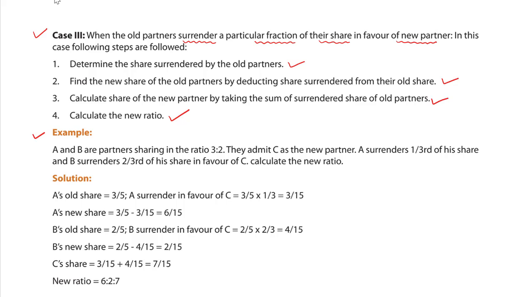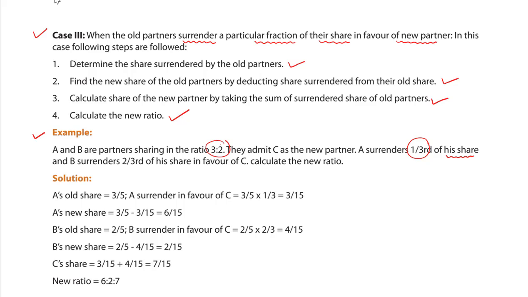Example, A and B are partners sharing profits and losses in the ratio of 3 is to 2. They admit C as a new partner. A surrenders 1/3 of his share. A's share is 3/5.